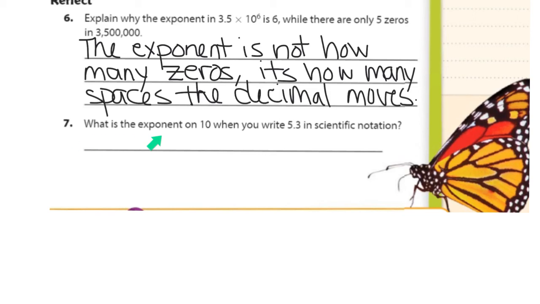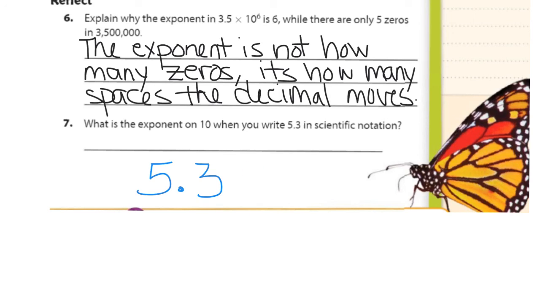Okay, so what is the exponent on 10 when you write 5.3 in scientific notation? So let's write down 5.3. And I'm going to write this in scientific notation. All it is in decimal form right now. Locate your decimal point, and then you only want one digit in front of it. Well, they gave me a number that only had one digit. So actually, I don't move my decimal point at all in this problem.